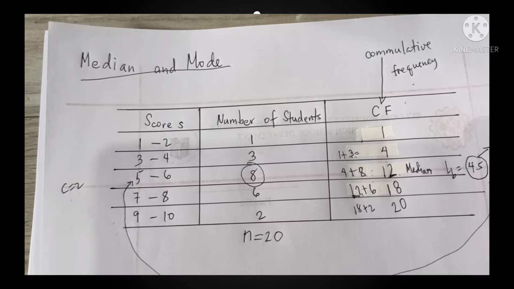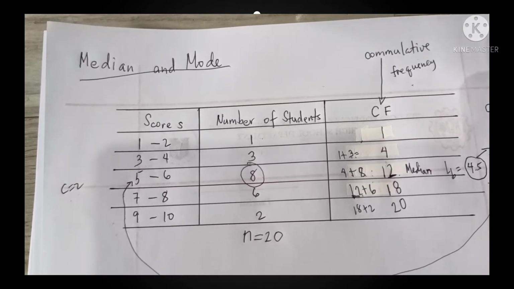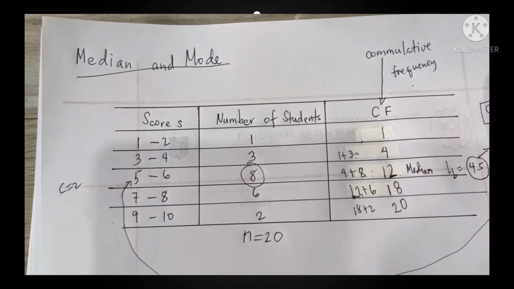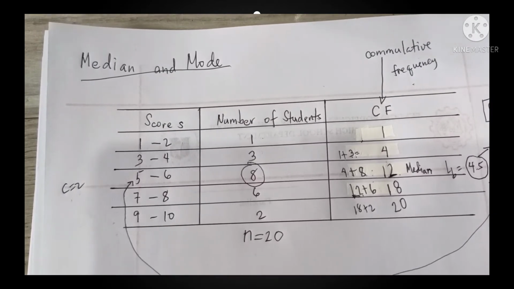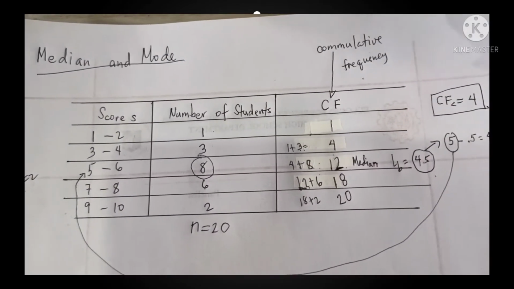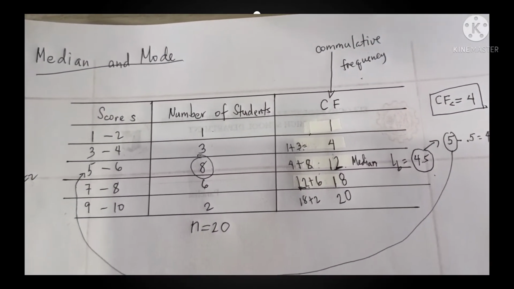Now, what is the CF? CF is the less than cumulative frequency, which is 4. How do we get this 4?